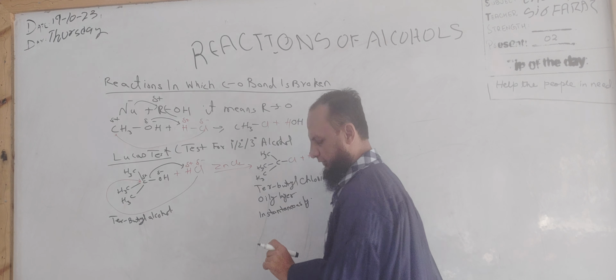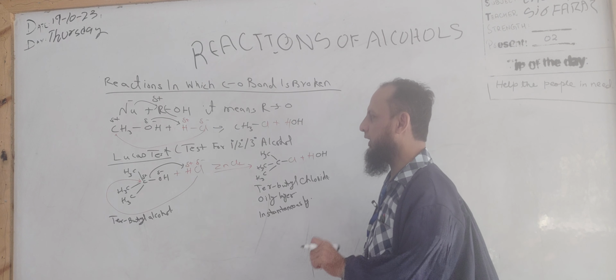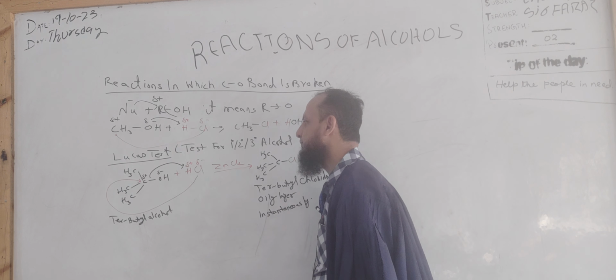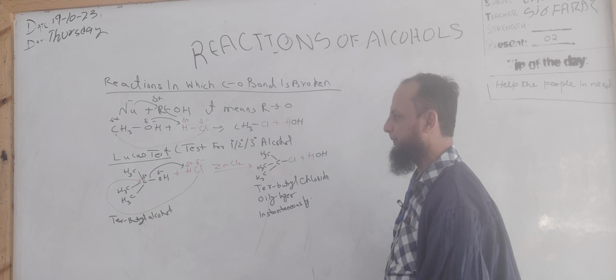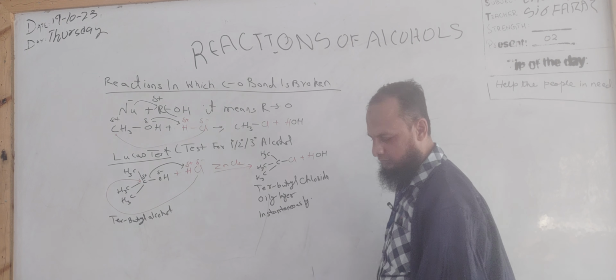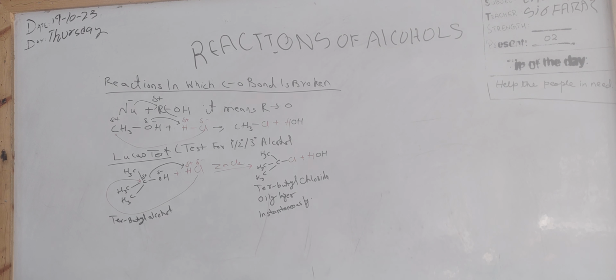So if we have to check what sort of alcohol it is, we add hydrogen chloride and anhydrous zinc chloride. What would happen? If we get the oily layer instantaneously, then it is a tertiary alcohol. Okay? But what if we are not getting the layer instantaneously?